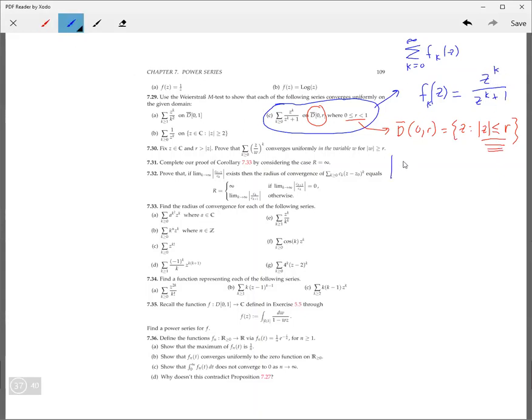Because what you want to do is look at this right here and try to get it bounded by something. So you want to examine this and see if you can get this bounded by something that actually converges, okay?